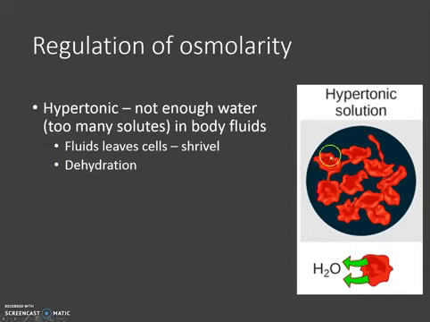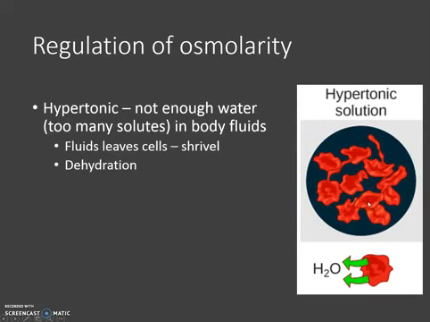And water is able to move across the cell membrane by a process called osmosis. So, for example, if you get dehydrated and you've now lost water from the plasma in the blood, the plasma is now becoming too concentrated compared to what's going on inside the cells.